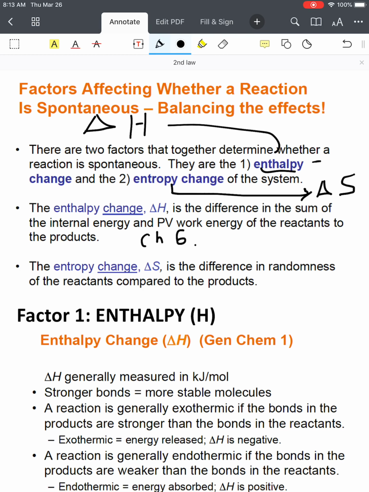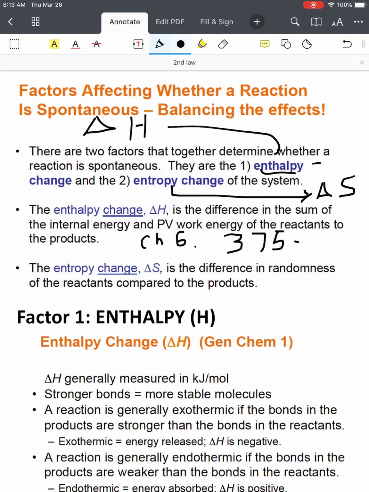I think the most relevant area would be page 275 through page 280, just looking at my textbook here.